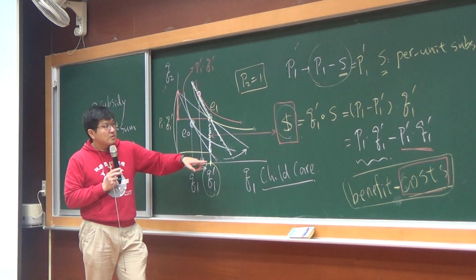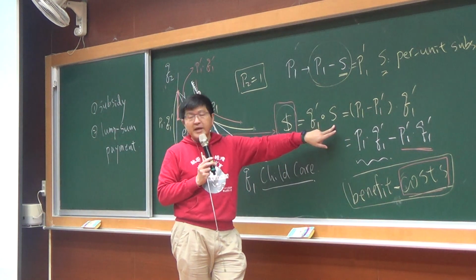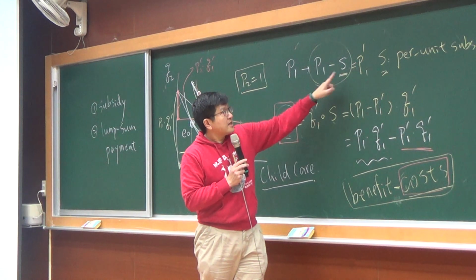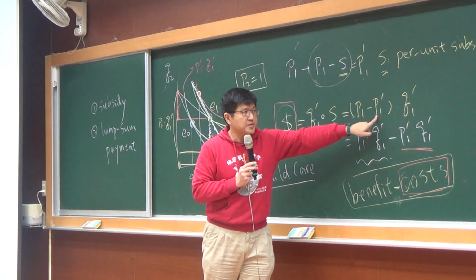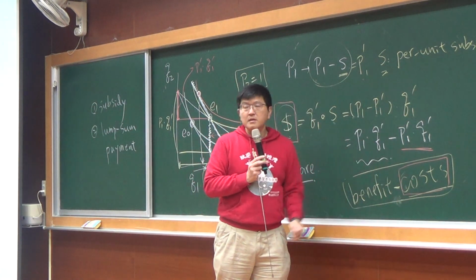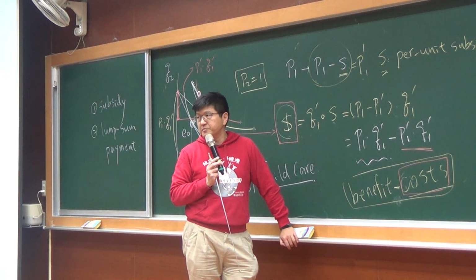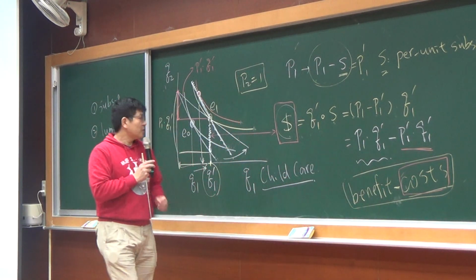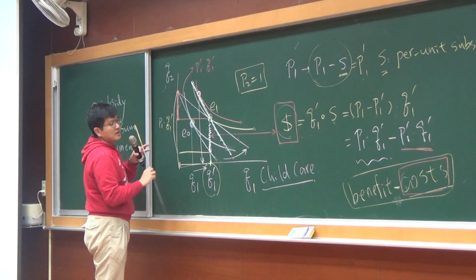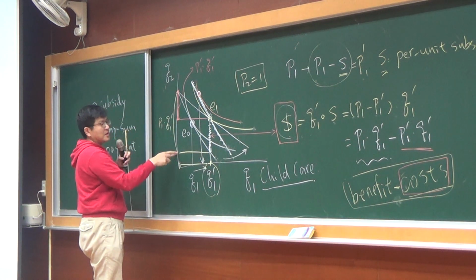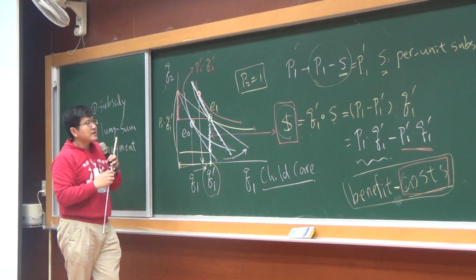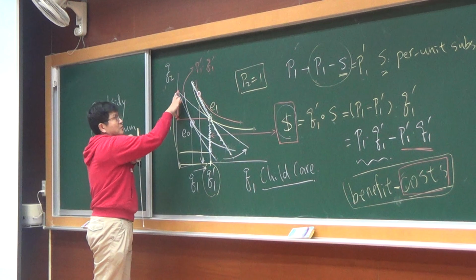So Q1 prime times S equals, because S is actually P1 minus P1 prime, (P1 minus P1 prime) times Q1 prime. So it can be divided into two terms, okay? P1 times Q1 prime would be this amount, right? And this amount would be P1 prime times Q1 prime.